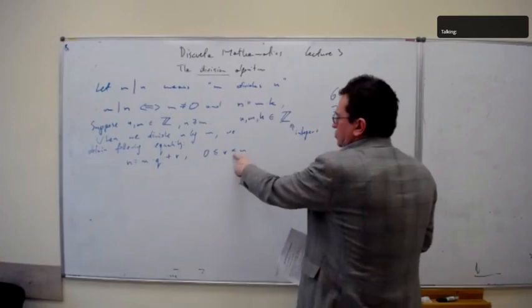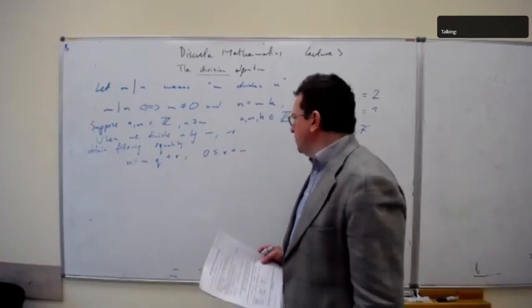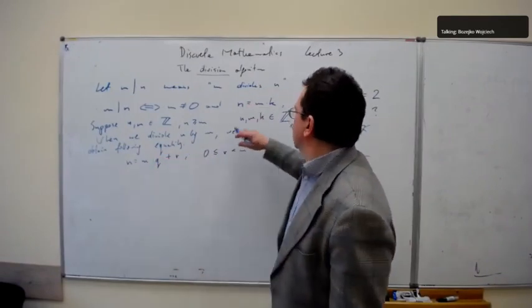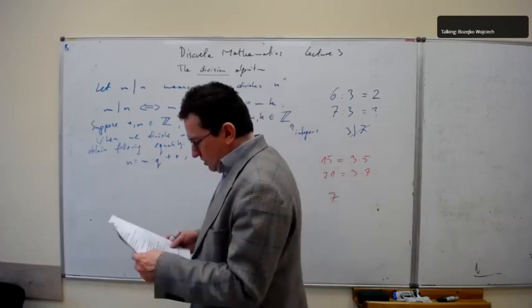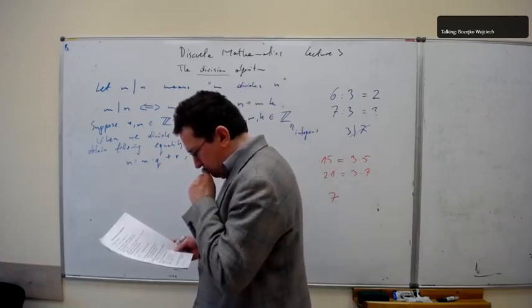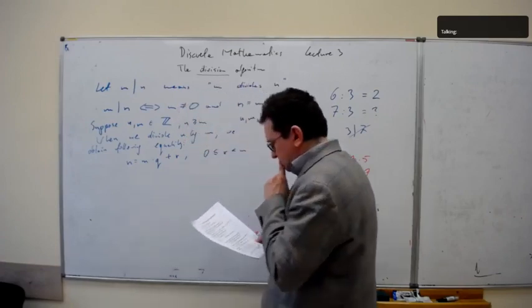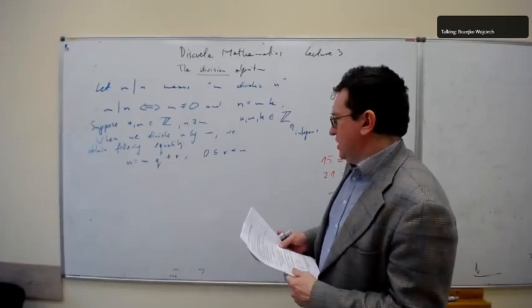Of course, this is strictly lower than m, because if it is equal, we have r equal 0, and it is like this situation. So this r will be called the rest. And we are interested in how to compute this q and this r.